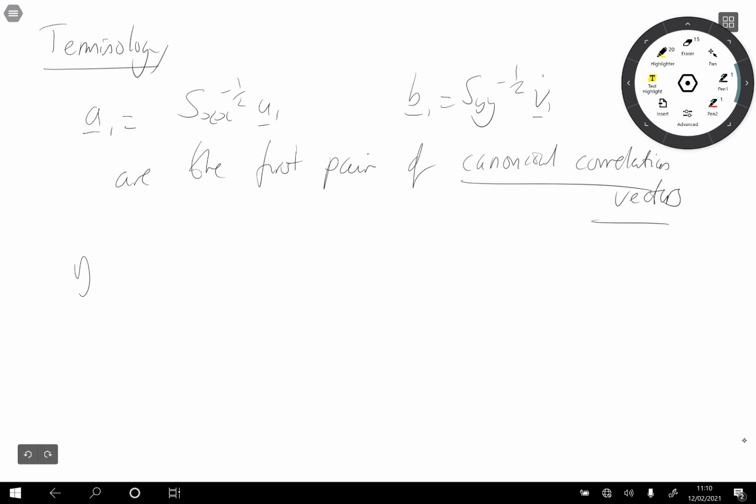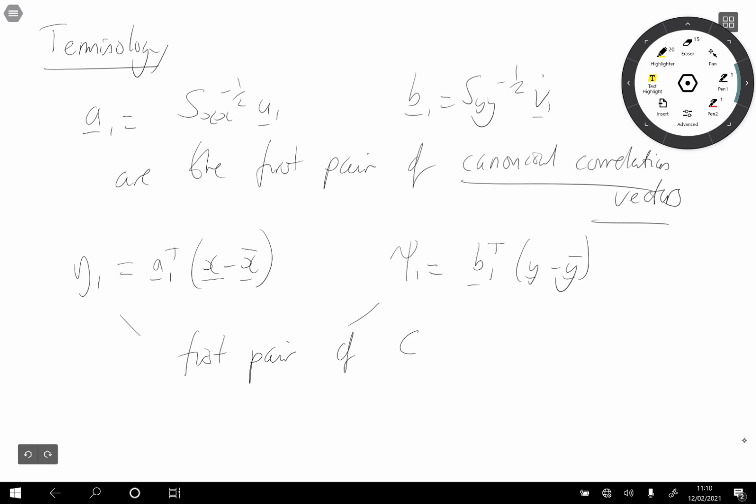The variables eta_1, which is A1 transposed (X minus X bar), and let's call the other one psi_1, which is B1 transposed (Y minus Y bar), are the first pair of canonical correlation variables.